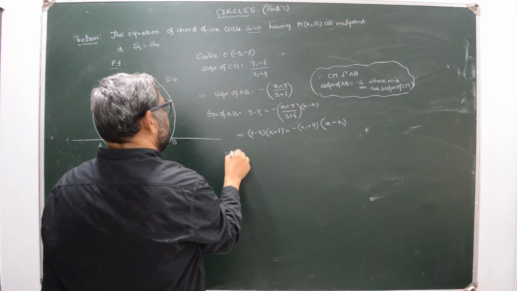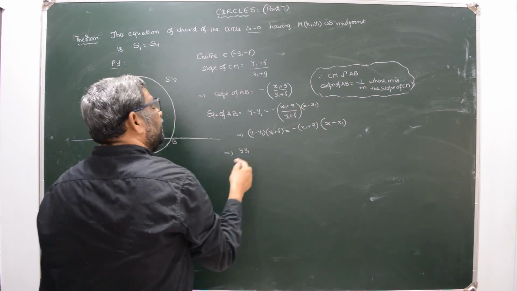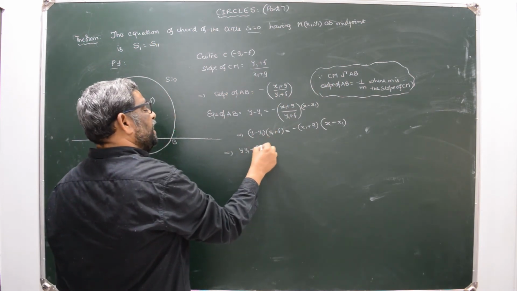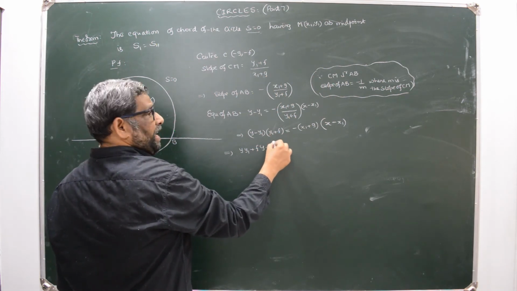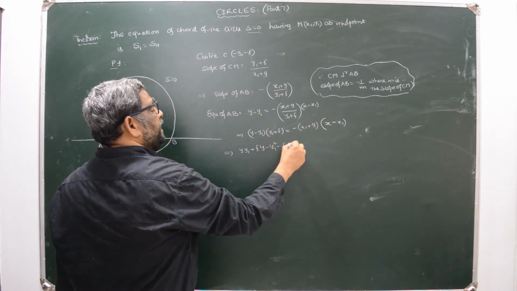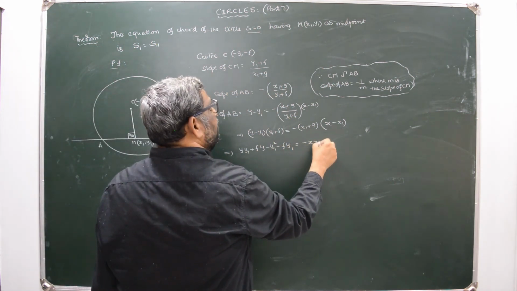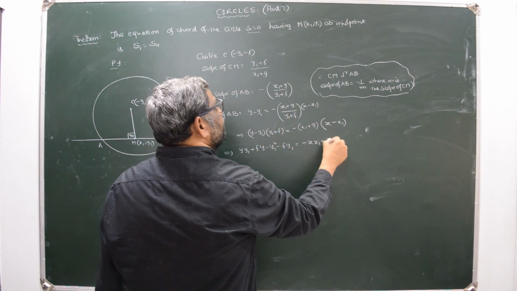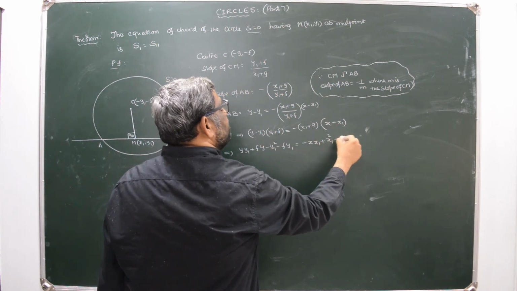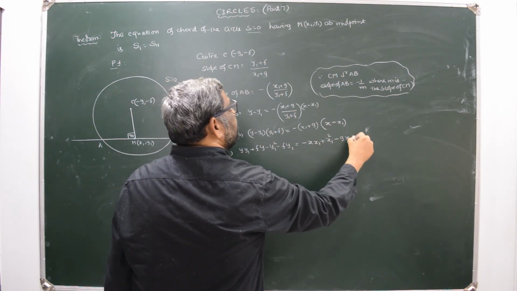Let us expand it: yy1 plus fy minus y1 square minus fy1 minus xx1 plus x1 square minus gx plus gx1.